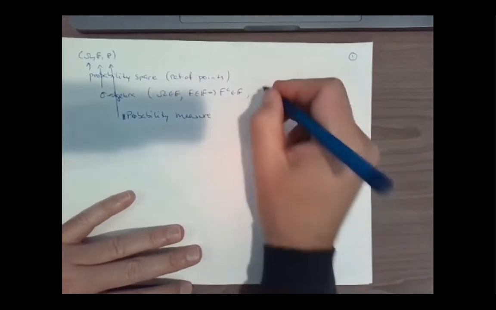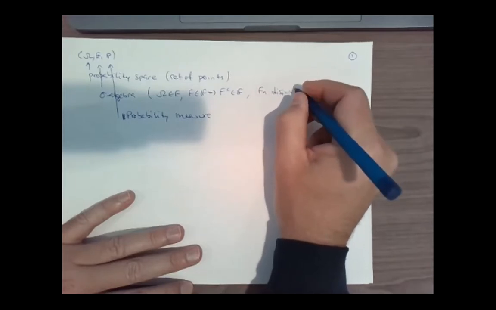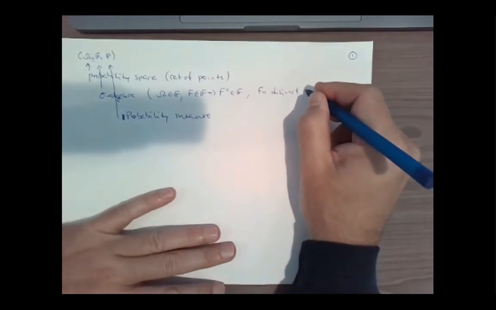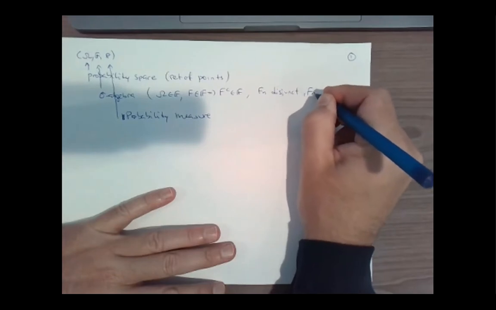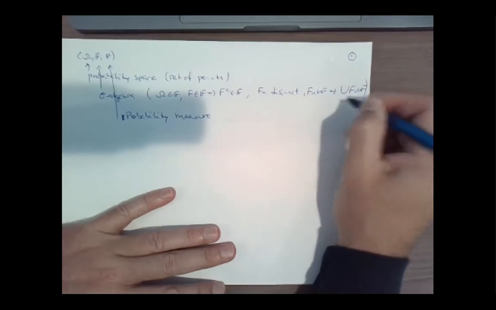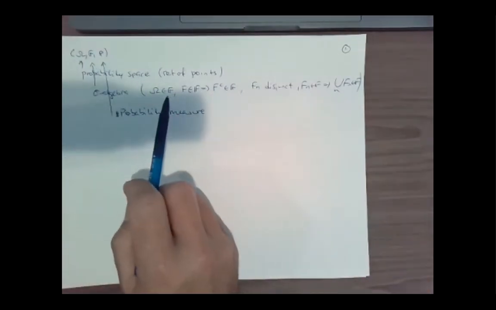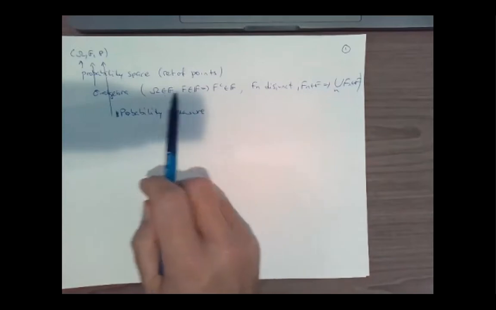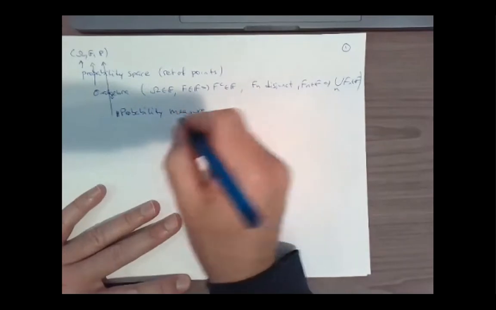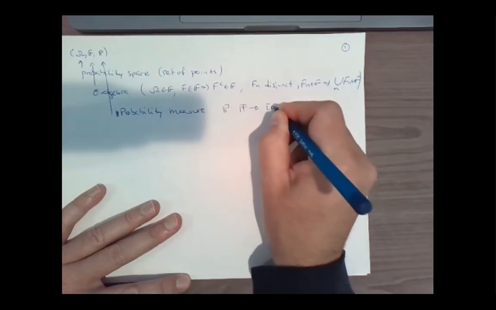If I take a sequence of disjoint measurable sets, then the union is in there. So we have a space, a system of subsets of that space, and then a probability measure. The probability measure has domain F, so P is a function from F to [0, 1].